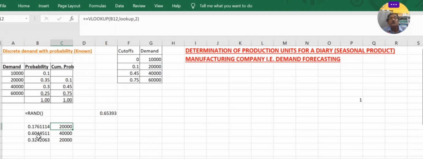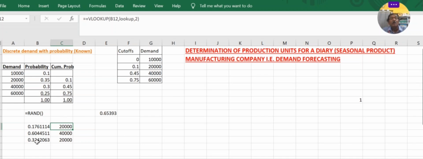For 0.604, the random variable value which indicates the cumulative probability, what is the demand? 0.60 is above 0.45 but below 0.75. This table represents the demand will be 40,000.